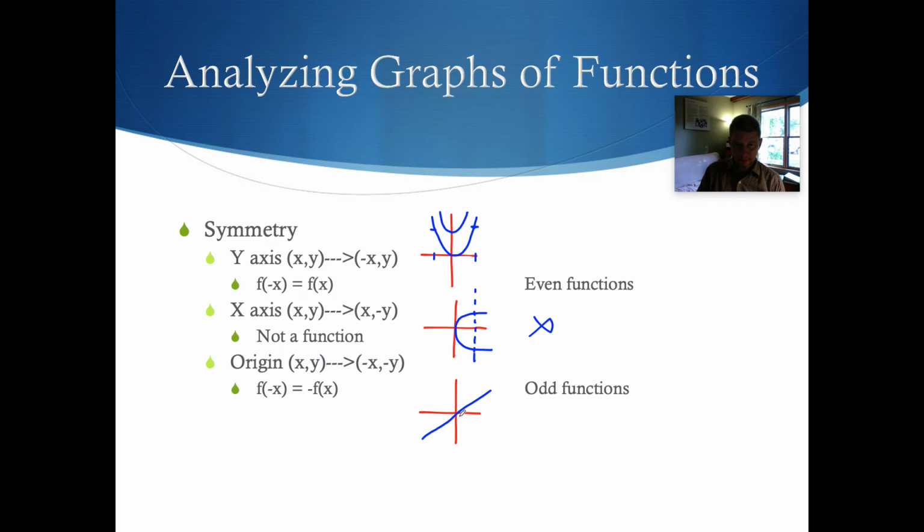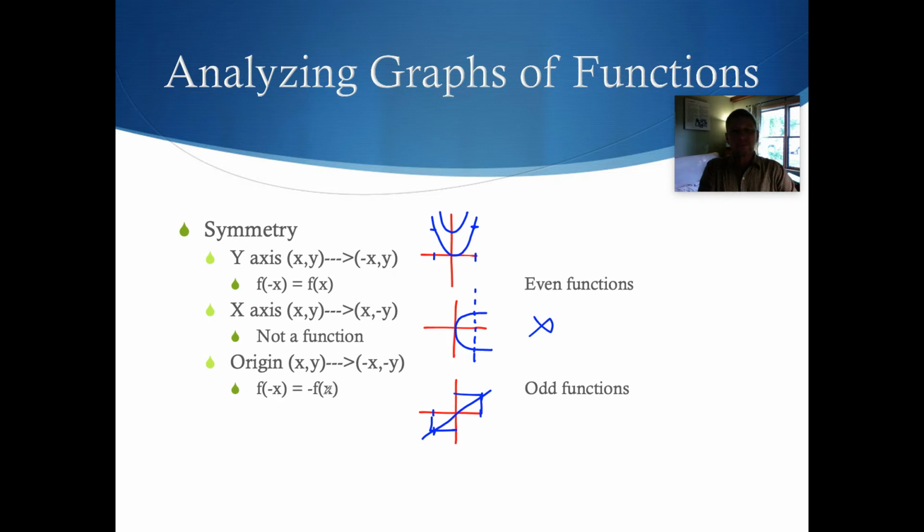So f of x is here, f of negative x is here, and these two terms are opposite one another in terms of their y values. All right, and so f of negative x equals negative f of x.